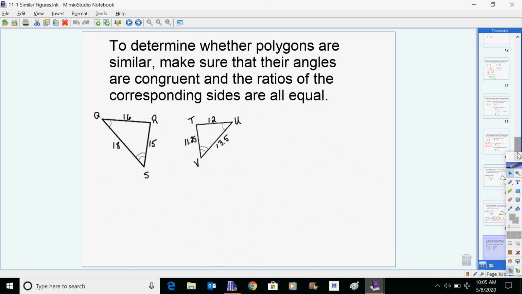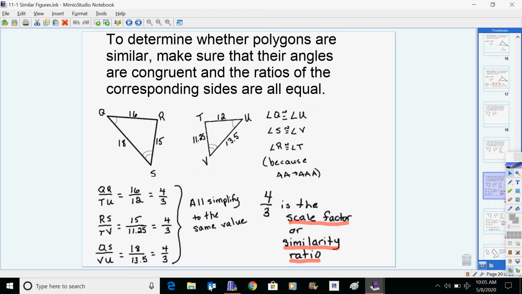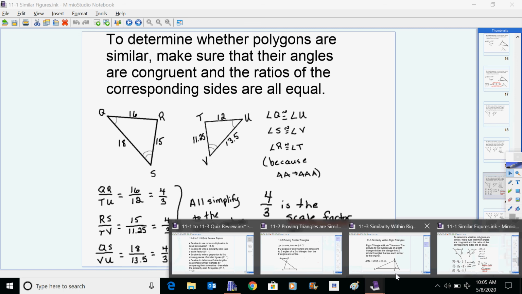When all of the ratios were the same, you would be able to find the scale factor or similarity ratio. If you need help, you need to go back and rewatch the video.